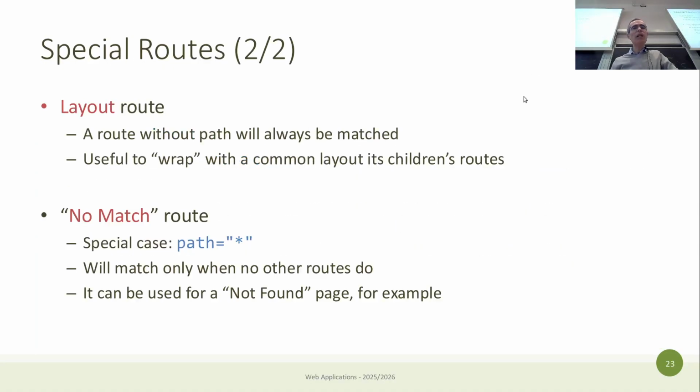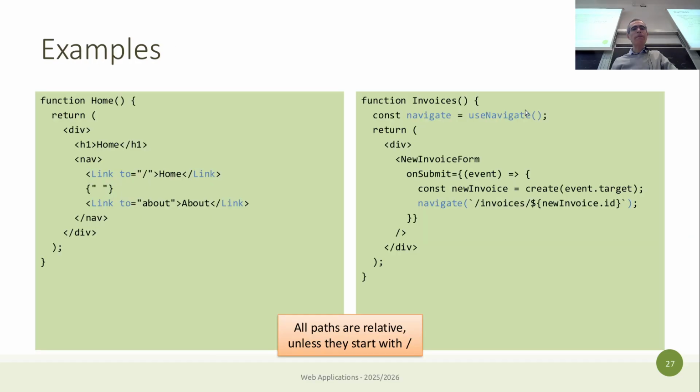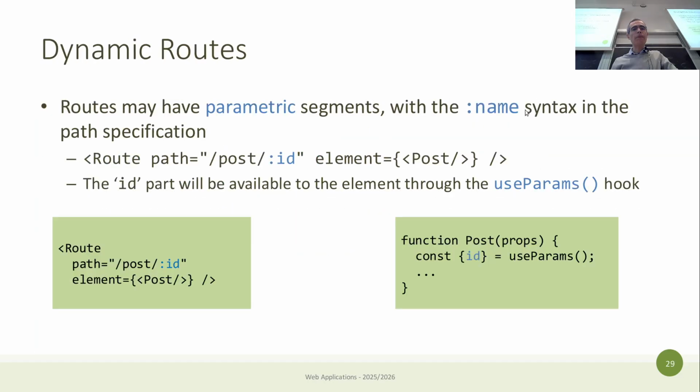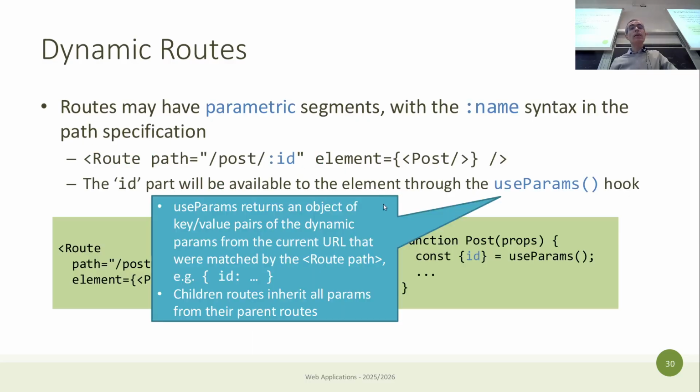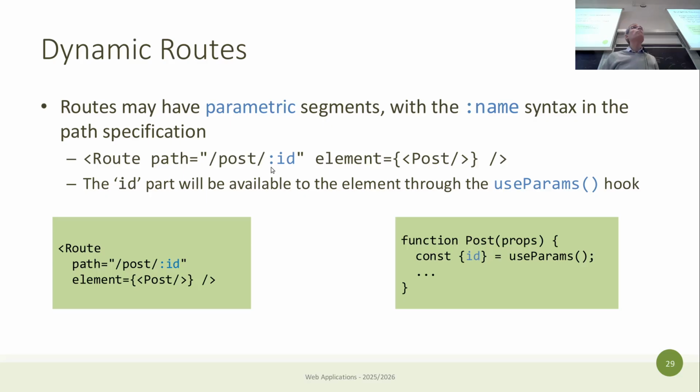I told you there are, yes, there are parametric URLs. That's great, okay? Because in this way, we can have many different URLs that match the same route in the router, and we can do something like /edit/id, /detail/id, and so on.